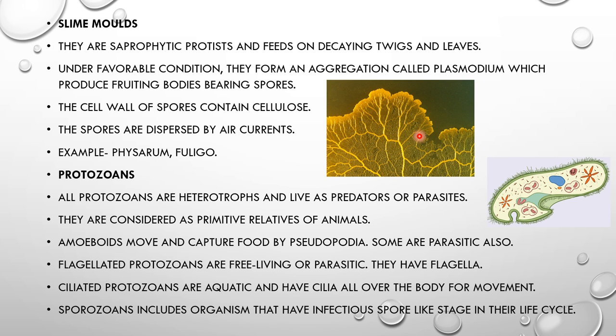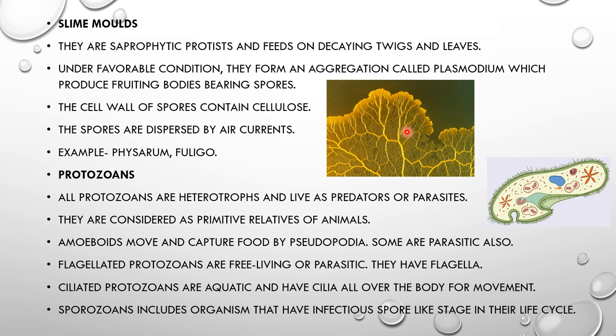The body moves along the decaying twigs and leaves, engulfing the organic material, and under favorable conditions they form an aggregation called the plasmodium, which may grow and spread several feet.